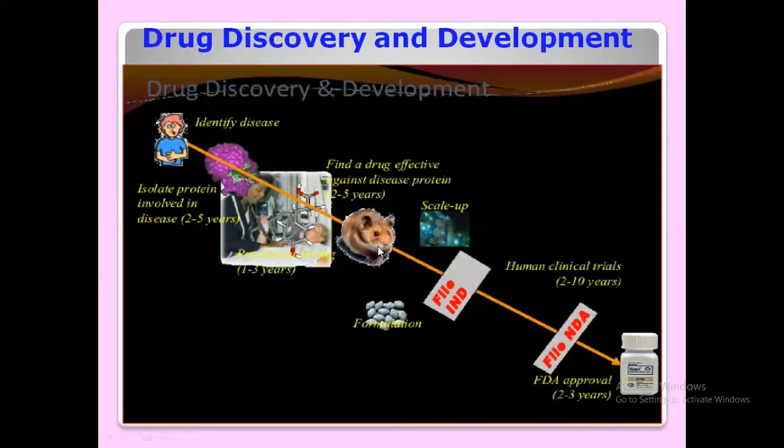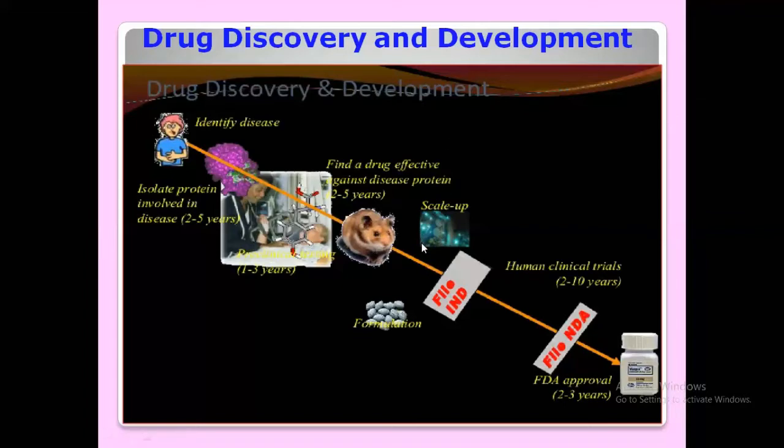Then after checking in that system, if the drug is effective against a particular disease, you have to scale up that drug. Scaling up means you have to produce it on a large scale in pharmaceutical industries.